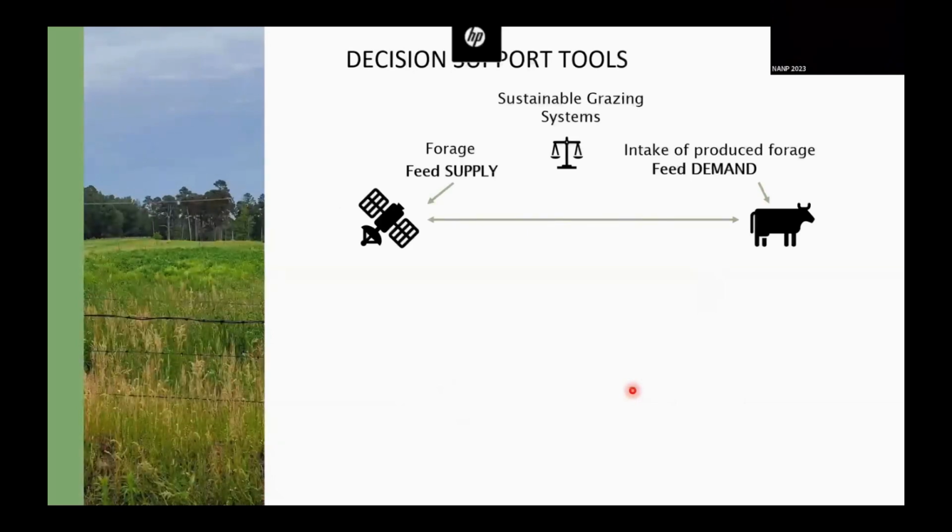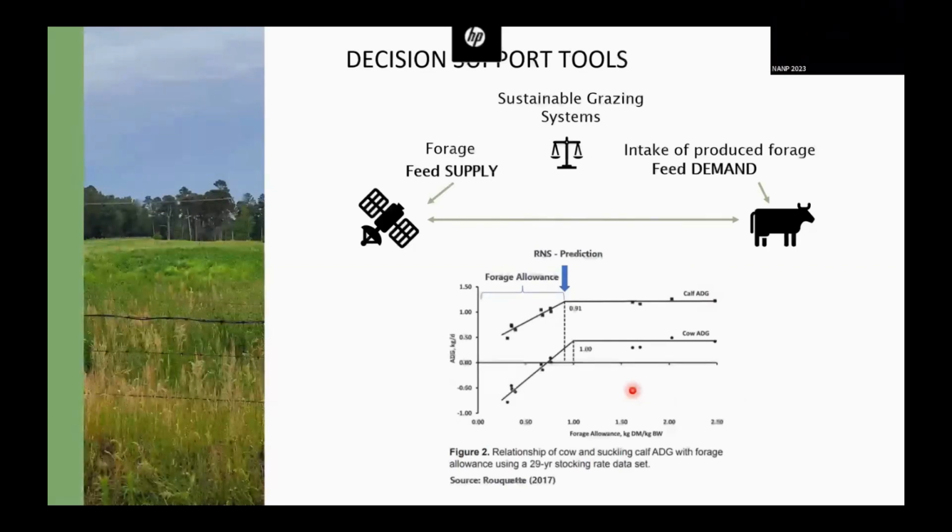We can do this connection between the feed supply and the feed demand by the animal. We can connect this through several ways. In this case, I'm connecting this feed supply with this feed demand based on the forage allowance.